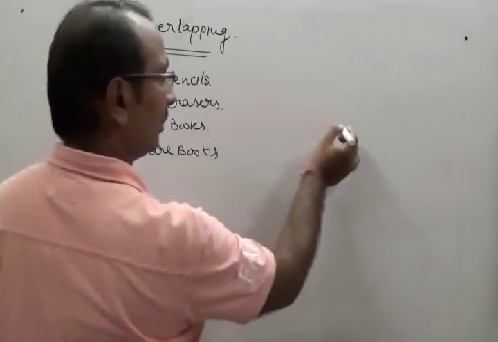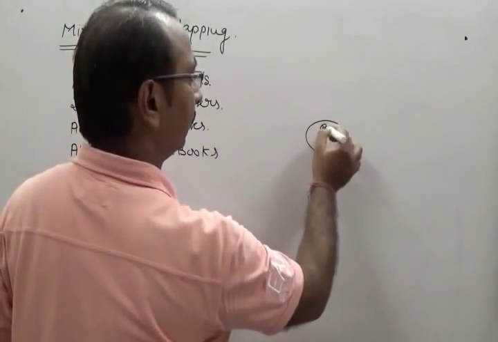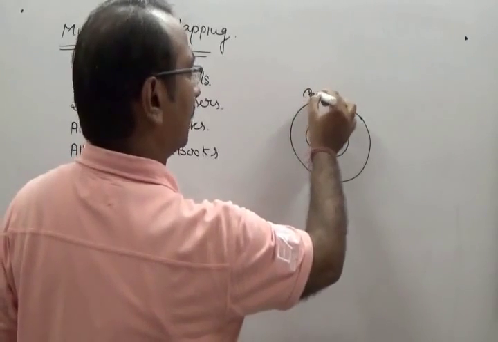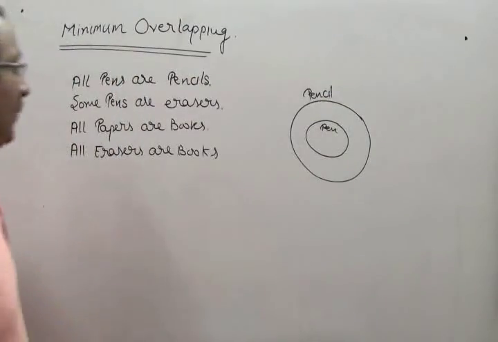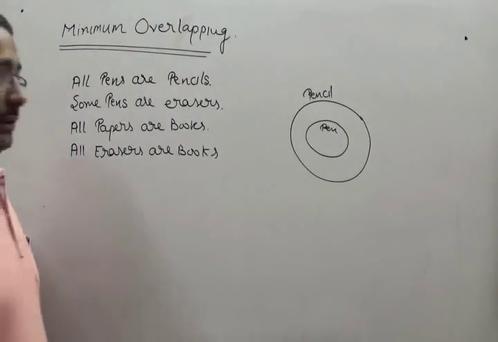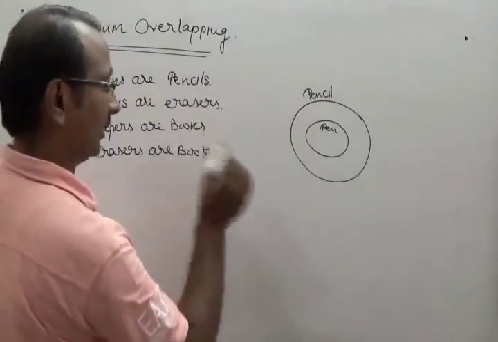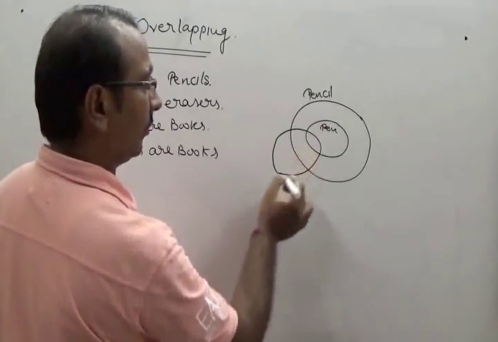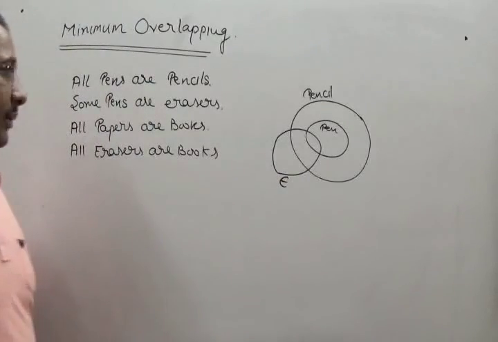All pens are pencils. If I take this to be pens, all pens are pencils, so this circle is used for pencils. Then some pens are erasers. So I have to draw an eraser in such a way that there is a common part between pen and eraser.